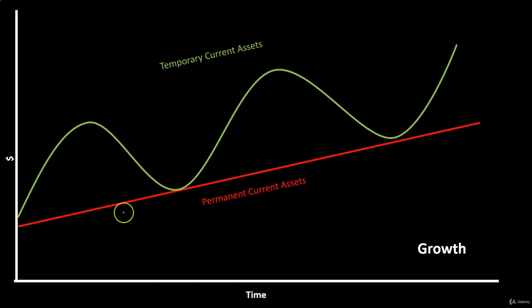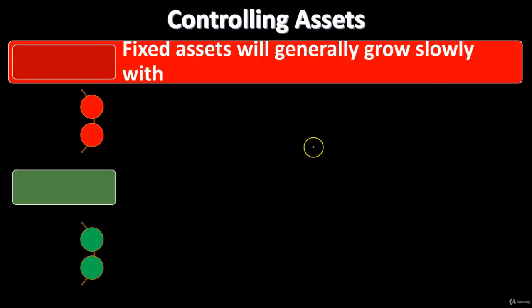And you would have a line looking somewhat like this for your permanent current assets. And then your temporary current assets would be doing the same kind of fluctuation off of that baseline as well. So that might be how the graph might look in that case, which you can then figure your financing on.